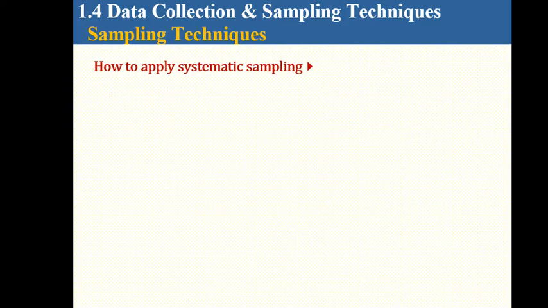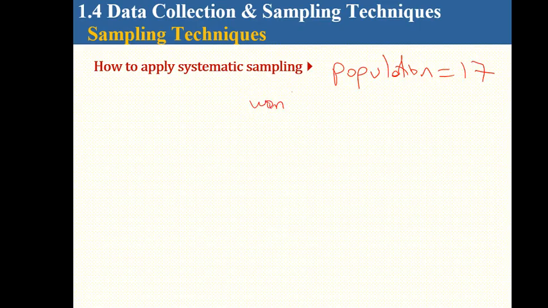Let's see an example. Okay, let's assume that our population is 17, and we want to choose 6 samples.